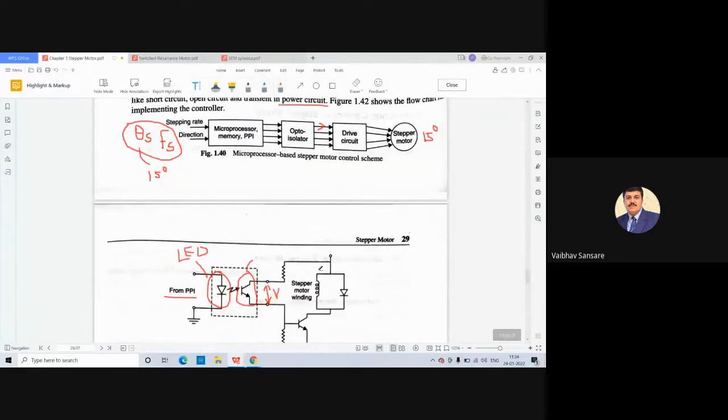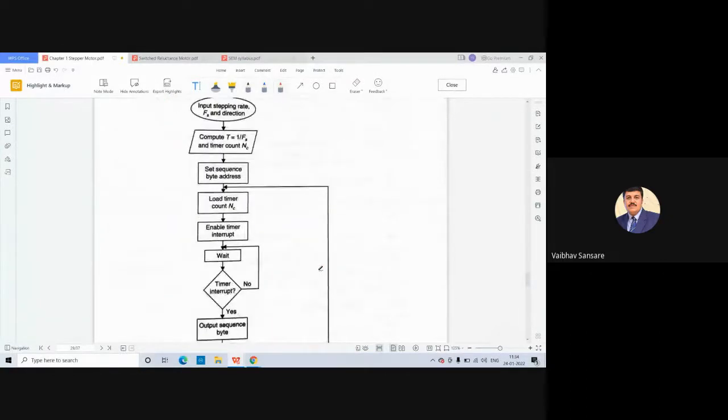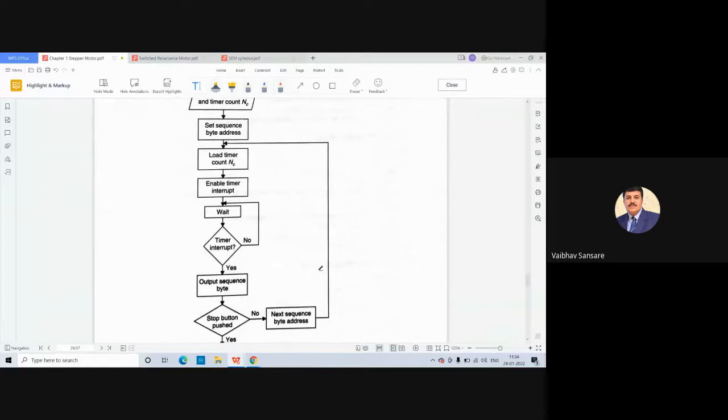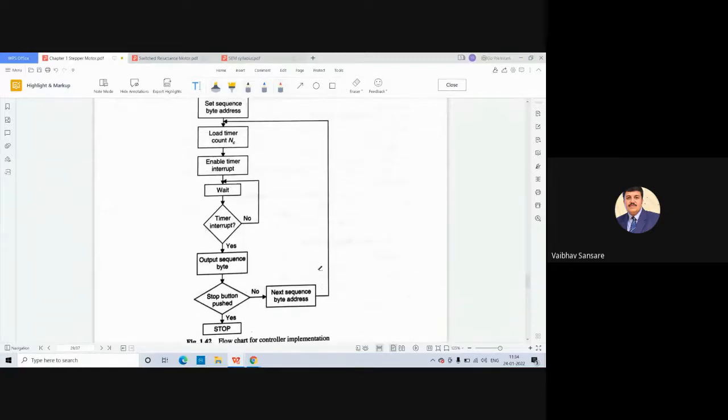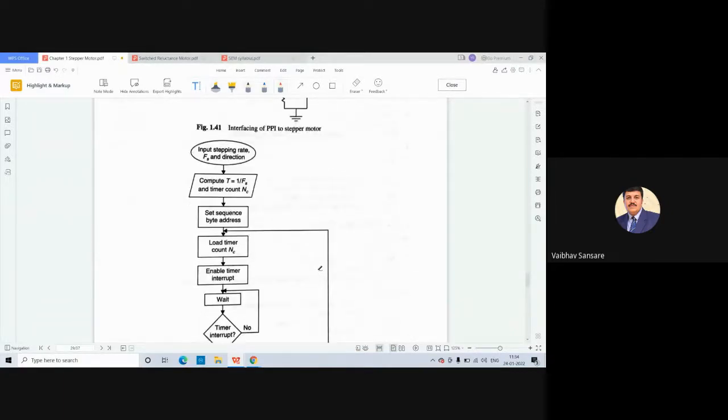Now when we discuss the flowchart of this entire microcontroller based operation, this is the flowchart for the controller implementation. We provide inputs to the microcontroller: the input stepping rate, where fs is the stepping frequency, and the desired direction of rotation.